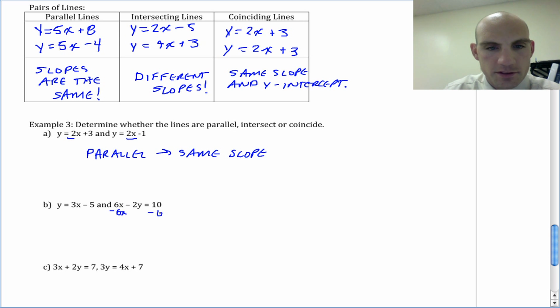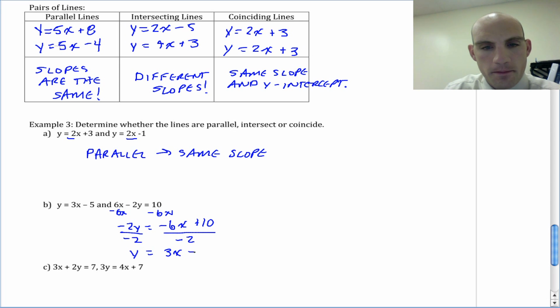I'm going to subtract 6x from both sides. So I've got negative 2y is equal to negative 6x plus 10. Divide by negative 2 on both sides. Y equals 3x minus 5. So I'm going to solve for slope-intercept form and realize that they are the same exact line. So they must coincide.